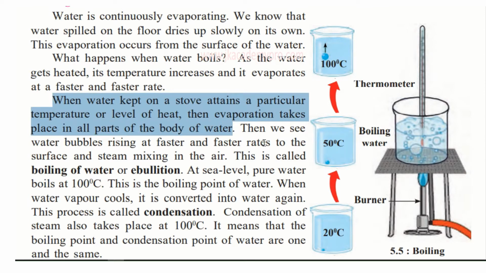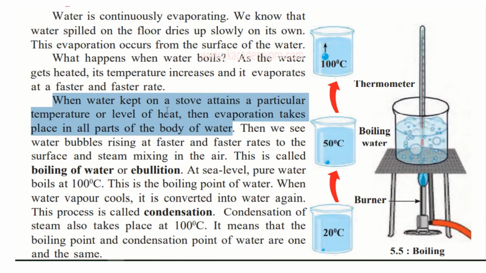Look at this. Here we see that water is boiling, and there is a thermometer kept, and this is the burner. First it was 20 degrees Celsius, and then as you continued heating, it became 50 degrees Celsius, and from 50 it reached the boiling point of water, that is 100 degrees Celsius.